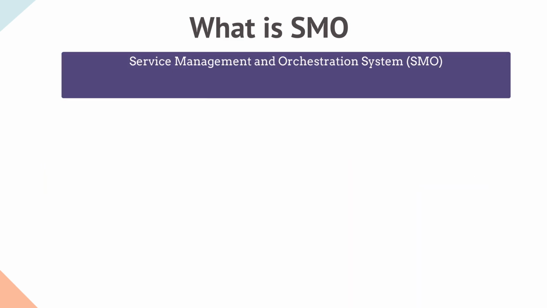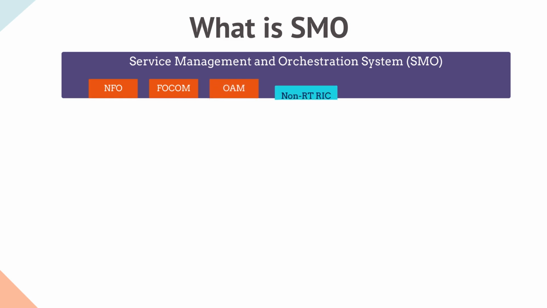Now, let's look at the internal components of the SMO and their respective functionalities. First component is NFO. NFO stands for Network Function Orchestrator. Next is FOCOM, which stands for Federated Cloud Orchestration and Management. Next is OAM, which stands for Operations and Maintenance.